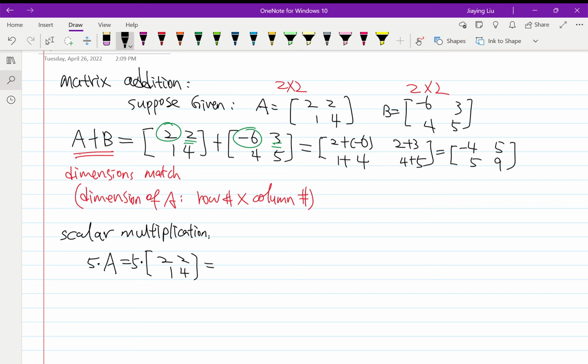When we take a number multiplied by a matrix, it really doesn't matter what the dimension is. The dimension of a matrix could be anything. What we do is we just take every element in the matrix multiplied by the scalar. So 5 times every element in the matrix. 5 times 2 is 10. That's also 10. That's a 5. That's a 20. So that will give us a new matrix.